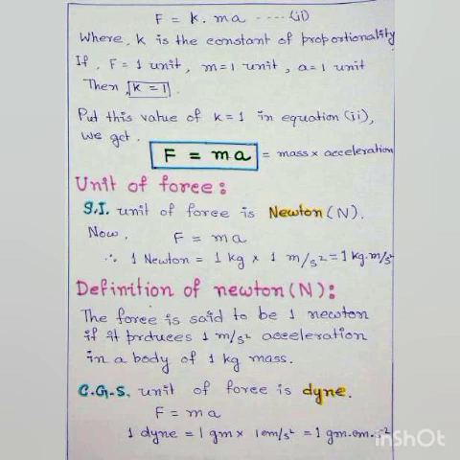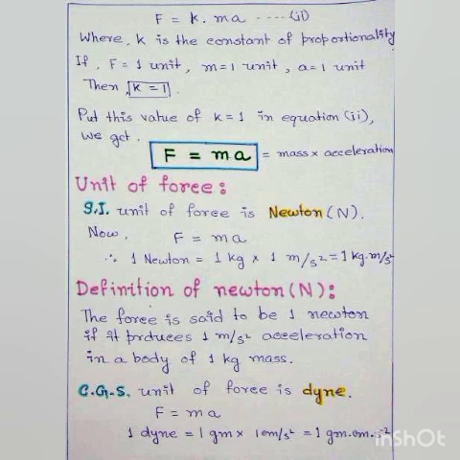So we can conclude 1 Newton equals 1 kg meter second to the power minus 2. So actually what is 1 Newton then? The force is said to be 1 Newton if it produces 1 meter per second square acceleration in a body of 1 kg mass.